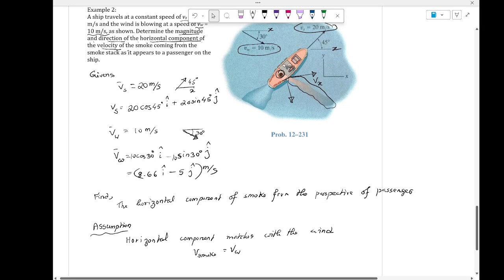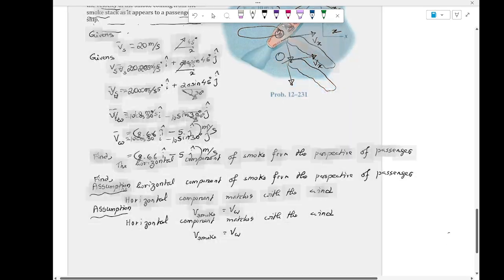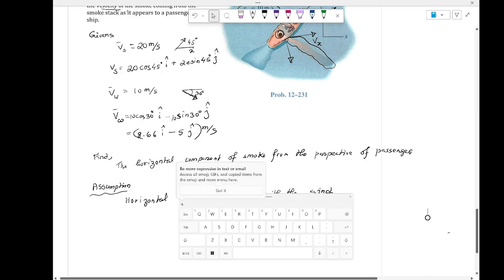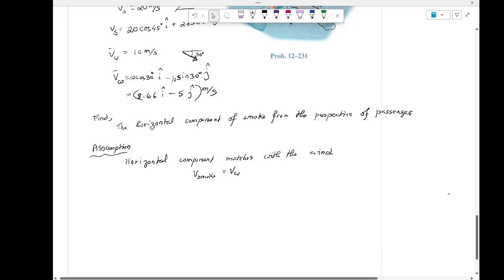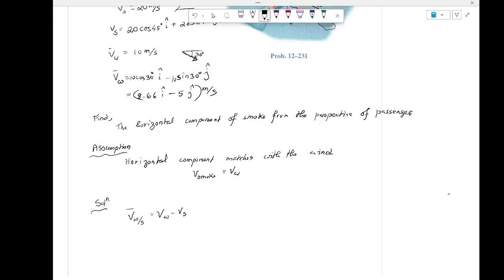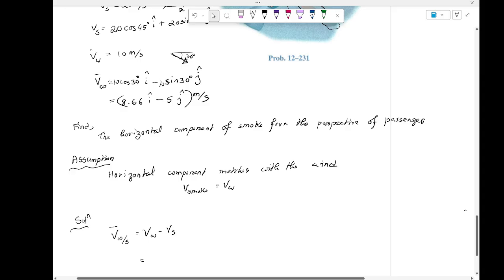Okay, all right, so the solution. You are trying to find the x component of the smoke with respect to wind.